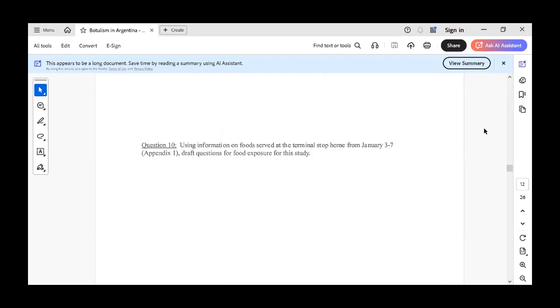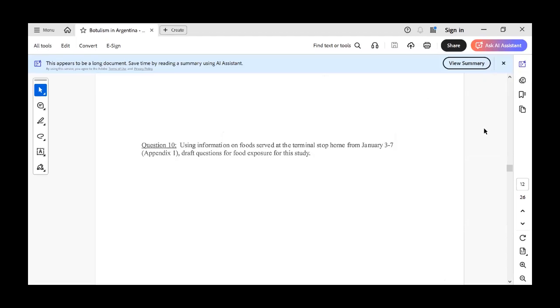You can have an other category, but you might miss some important foods. So if you know possible sources or the things that are served at the home where you think the exposure occurred, it would be better to list the foods and to have a yes or no or a don't know response as well.